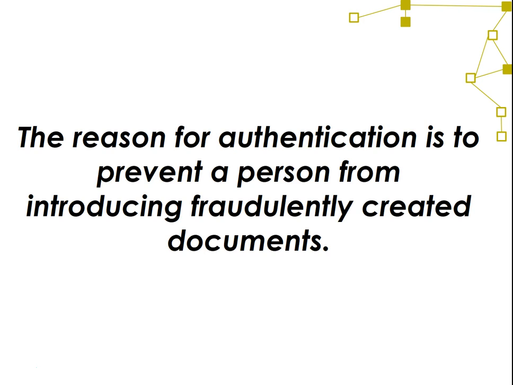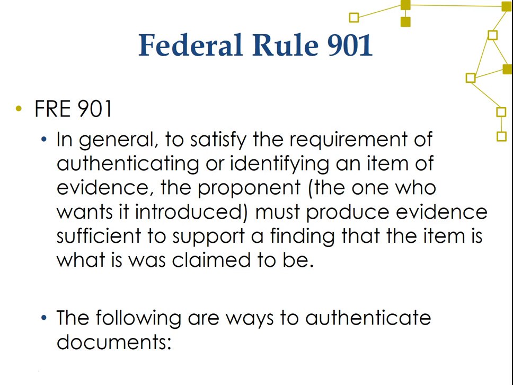So the Federal Rules of Evidence, the FRE, remember there's a lot of stuff in there, 901 provides a long list of ways to authenticate documents. And we're going to take a look at some of those. I'm going to touch on them. I'm not going to read every single definition of each one, but I'll go through these.